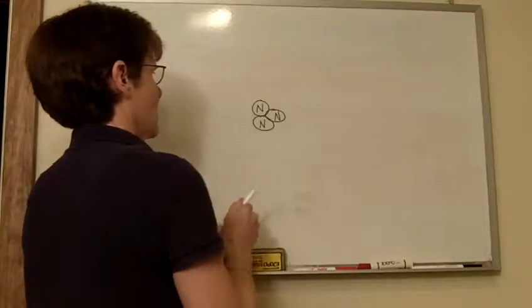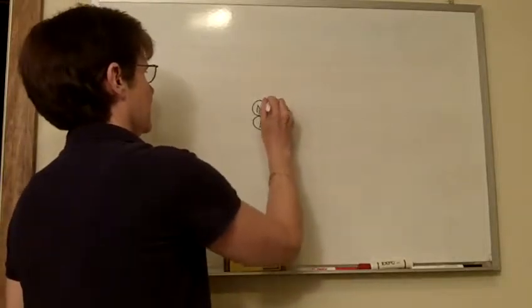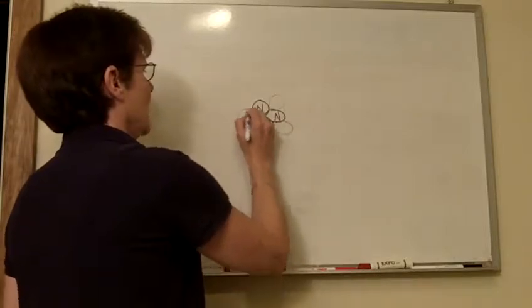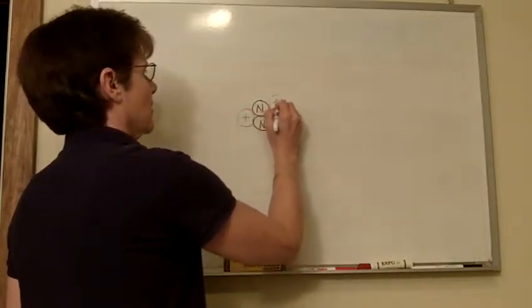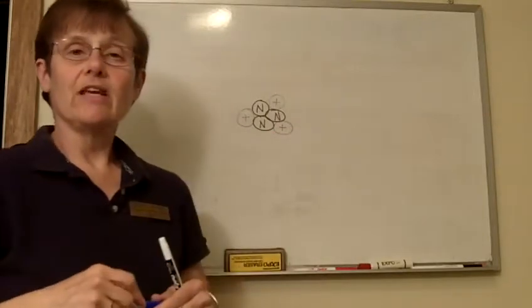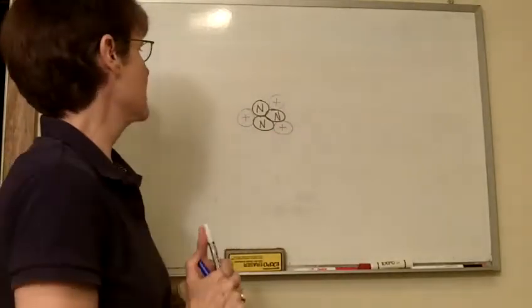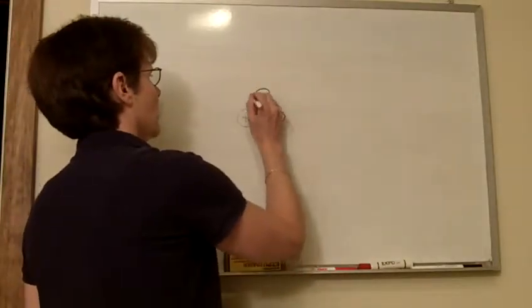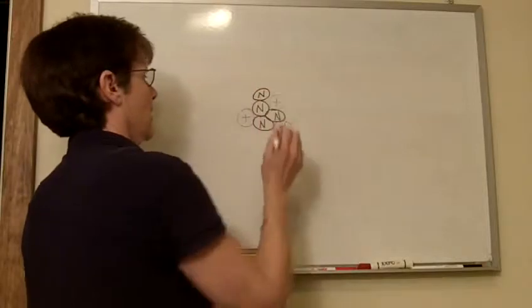And let's call these protons. And I'll just put plus signs in those because protons have a positive sign. Now actually, if I put one more neutron in here, I can actually make an element.